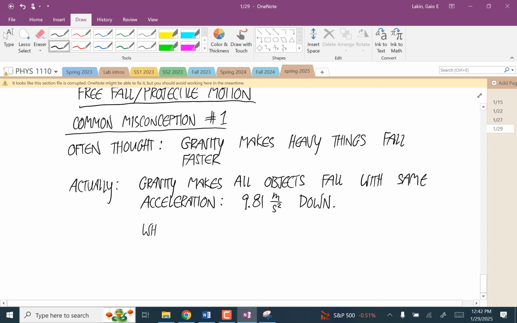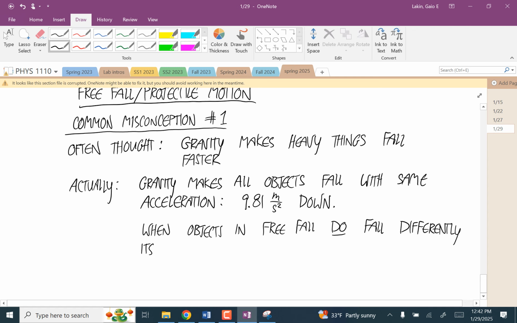When objects in free fall do fall with different accelerations or fall at different speeds, when they do fall differently, it's just an effect of air resistance.